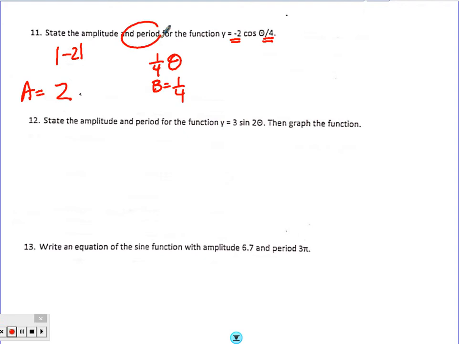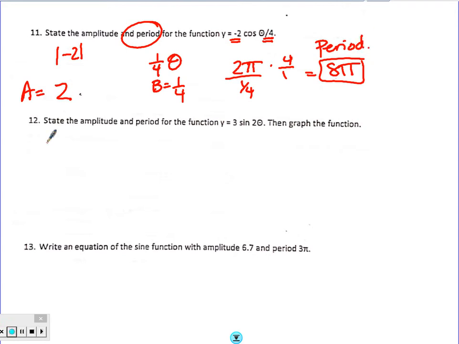They asked for what's the period. So in order to find the period, I take 2 pi and divide it by b, divided by 1/4. The same thing as multiply by the reciprocal, which is 8 pi. So my period is 8 pi, and my amplitude is 2.